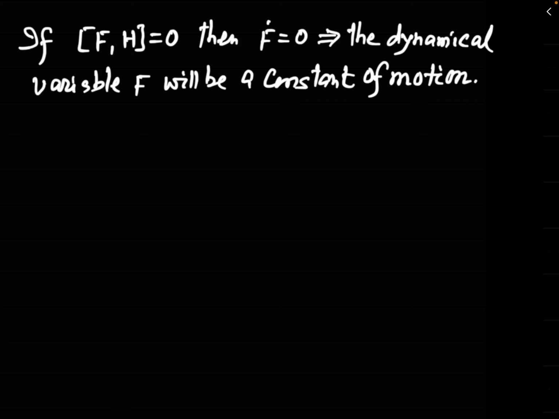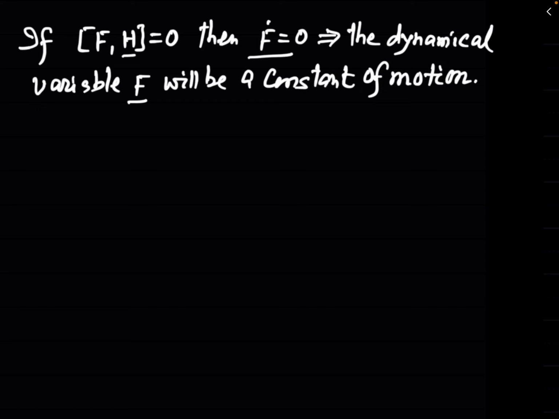However, this requirement does not require that h should be a constant of motion. It means when f dot is 0, definitely you will say that f is a constant of motion. But when f is a constant of motion, it does not mean that h is also a constant of motion. H may or may not be a constant of motion.